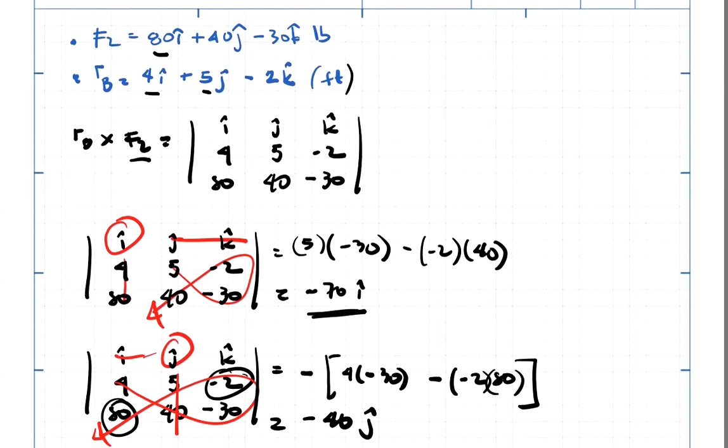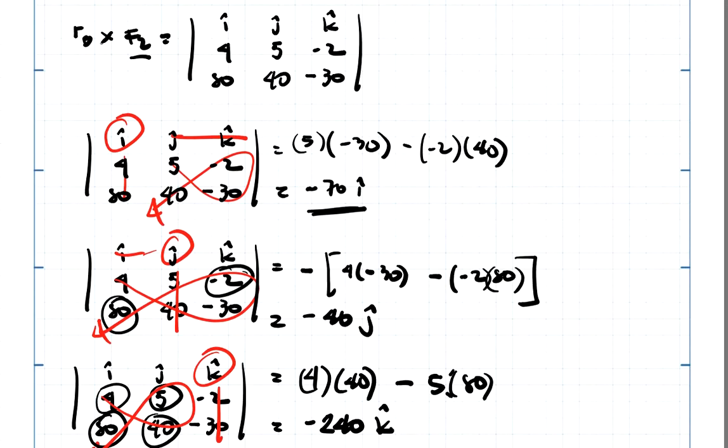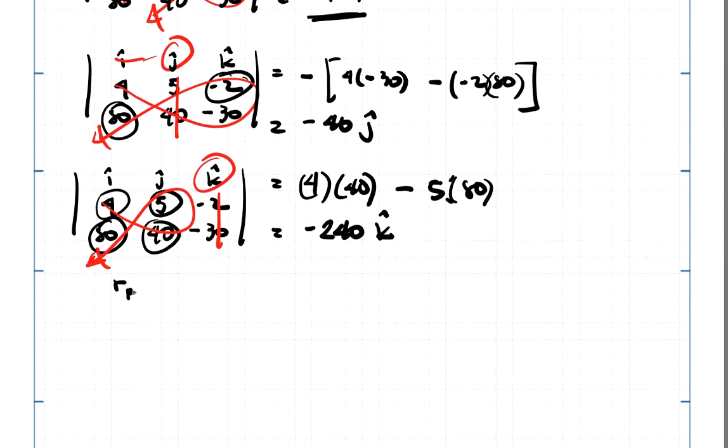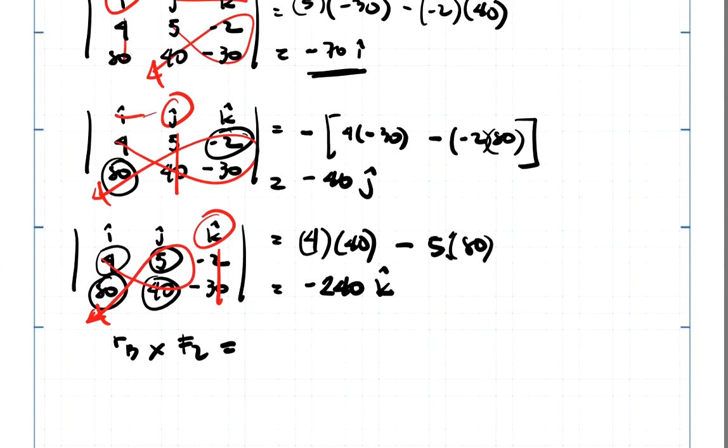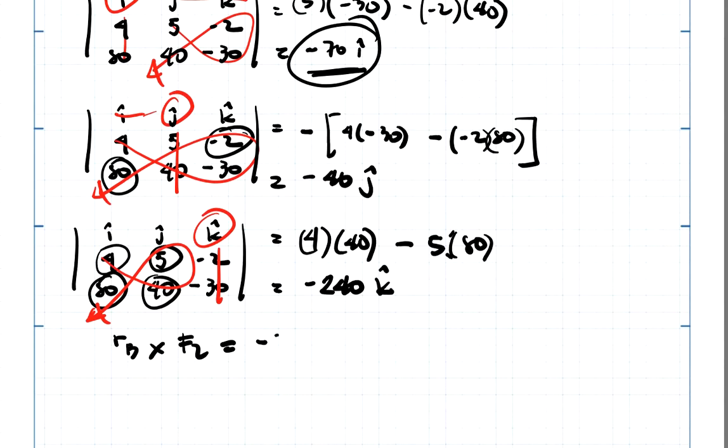Okay, so all in all, our RB cross F2 is just equal to negative 70I minus 40J minus 240K.